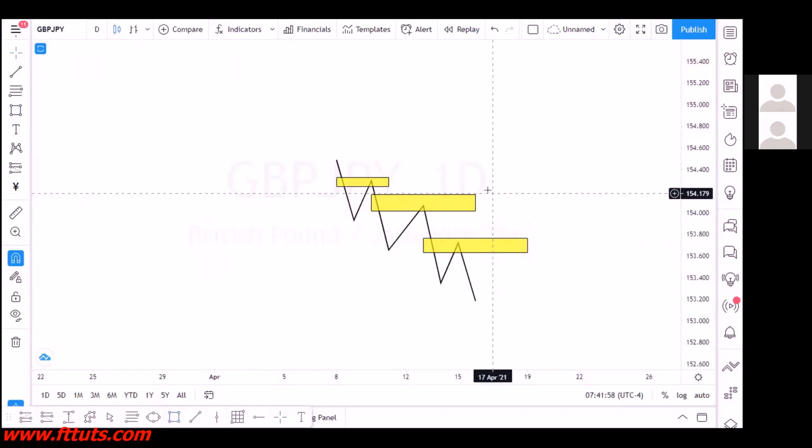So using other confluences, as I said before, overcomplicating things in forex trading will make it very complicated for yourself, and it will become very overwhelming. Me as a trader, I don't like looking at too many things. Some traders are very deceptive, using too many confluences like the news and so on.